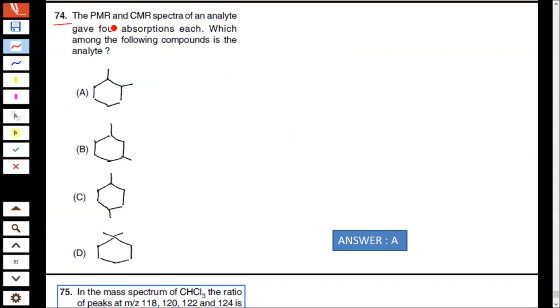Question number 74. The PMR and CMR spectra, C13 NMR and proton NMR spectra of an analyte, give 4 absorption peaks. Which among the following compounds is the analyte? Here in option A, we get 4 signals.